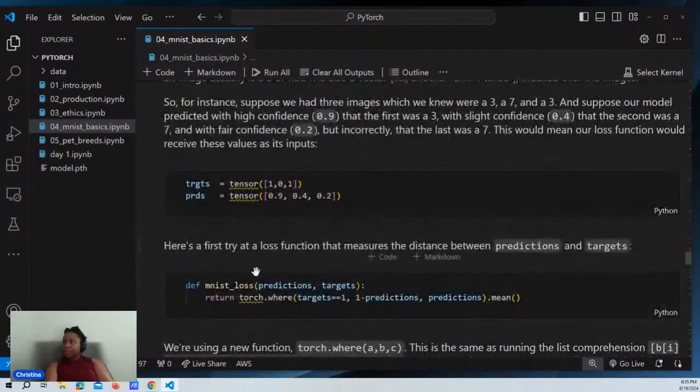So this would be if they were calculating the loss based on the whole set of confidence.